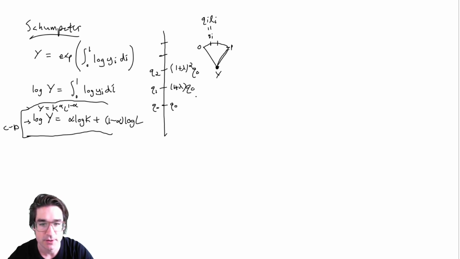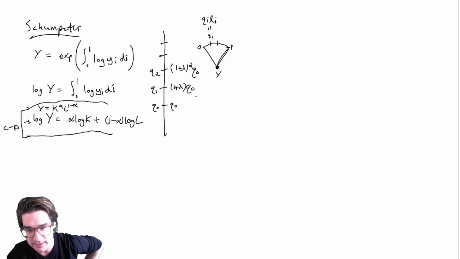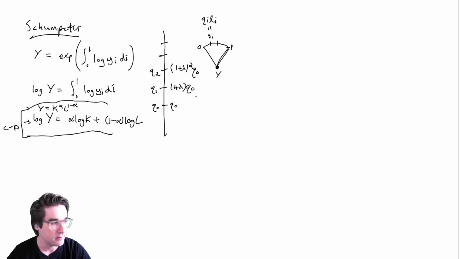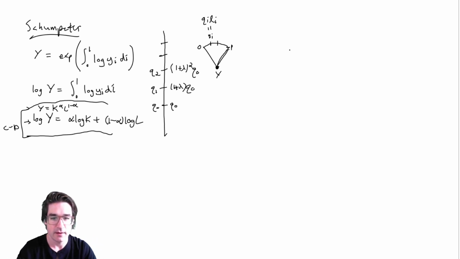So keep that on the back burner for now. We'll talk about how Q is important later. But for now we just want to find the inverse demand function here. It's the same as before.